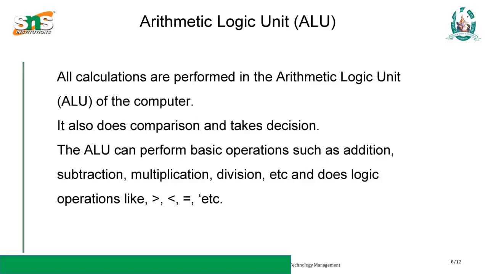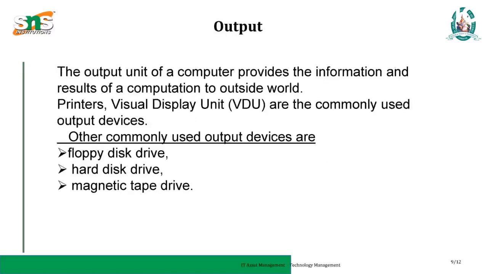Likewise, I didn't tell you about the output device. As you all know, output is the monitor or the printer. It provides information and results from the computer to the outside world.